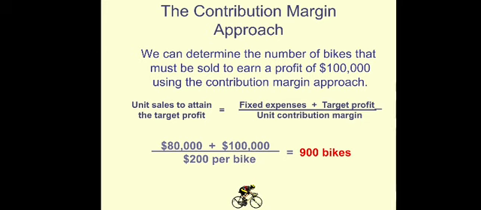But when you want to calculate the target profit quantity, you just add the target profit: fixed cost plus target profit. For this bicycle company, the fixed cost is 80,000, the target profit is $100,000, divided by the unit contribution margin of 200. You will get the same answer, 900 bikes. This company has to sell 900 bikes per month to achieve the profit of $100,000.